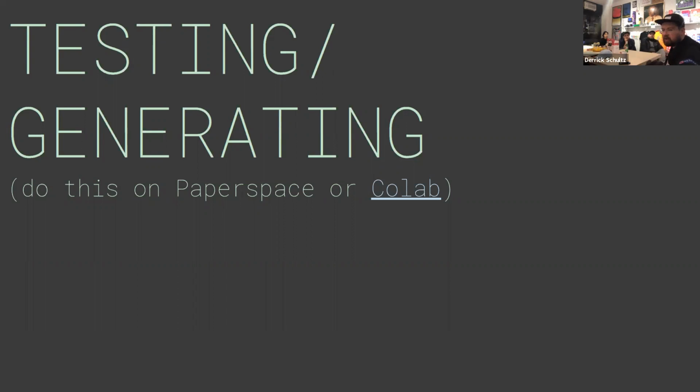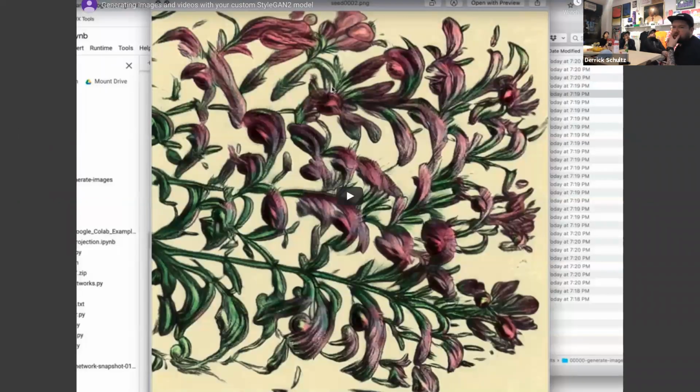I have a whole video on how to do that in Colab. It's the step-by-step process: there's a link to the Colab file, you open it, you upload your file, you change one line of code, and you can generate images from it. This will show you how to generate images, but also how to generate those animations. Again, that process is to generate 1,000 images, go through them and pick out your favorites, and then use those as points in an interpolatable space.